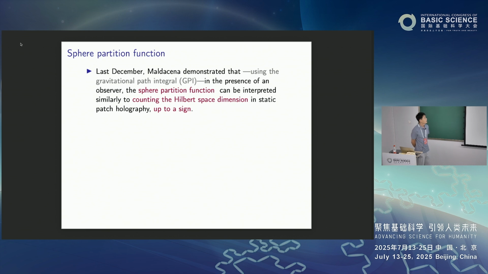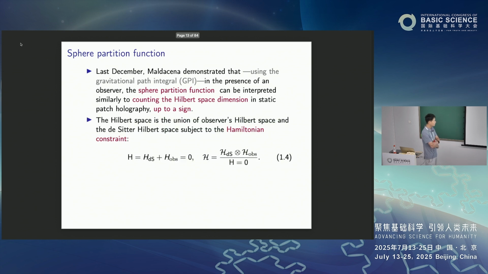Last December, Juan Maldacena demonstrated that instead of using von Neumann algebra, you can use the tool of a gravitational path integral while including the observer. Then he showed that the sphere partition function can be interpreted similarly as a trace over the Hilbert space, up to a minus sign. Here, the putative Hilbert space of a static patch is thought of as a product of the observer Hilbert space and some de Sitter Hilbert space, subject to the Hamiltonian constraint because the whole system is closed.